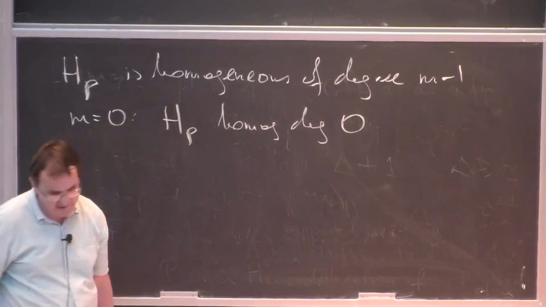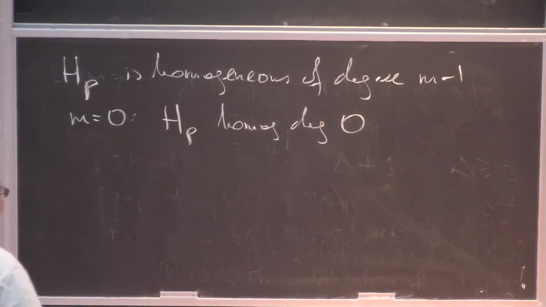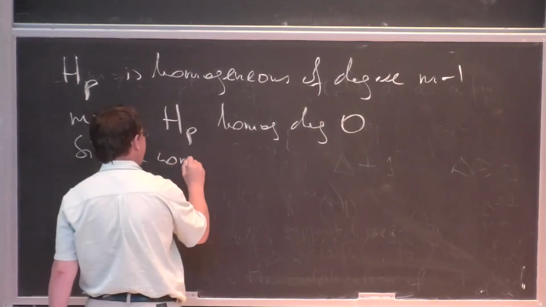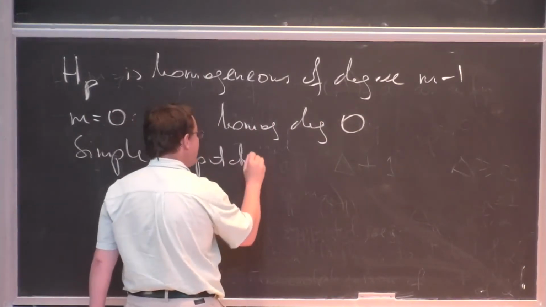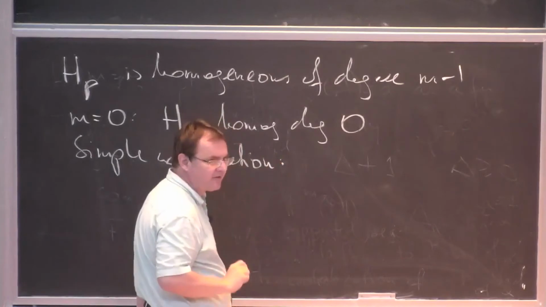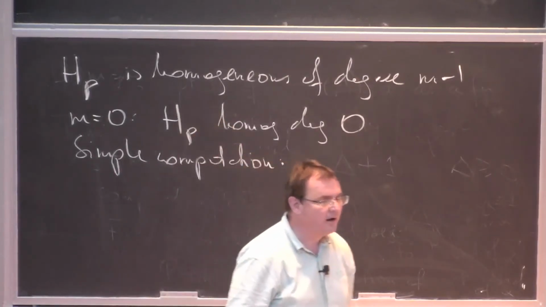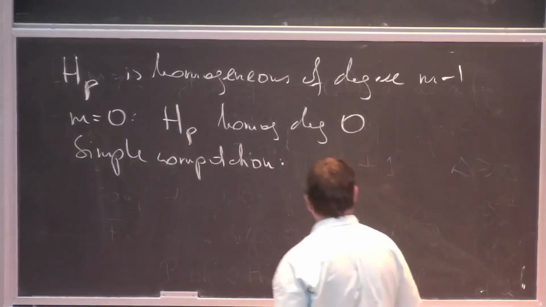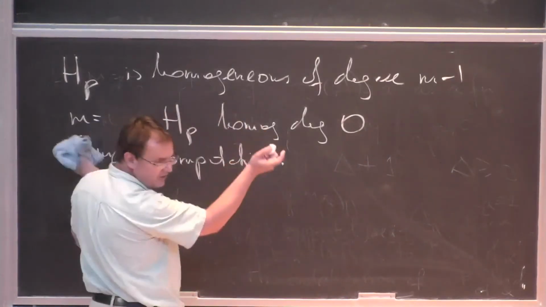So what that tells you after an easy computation, and then I'll make a comment on this. Yes? Do you mean minus 1? Or do you mean m? Yeah, m is 1, yes. So when m minus 1 is 0.